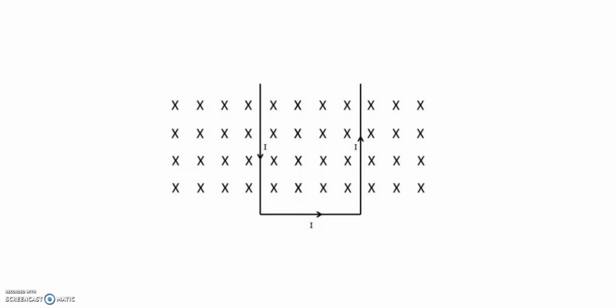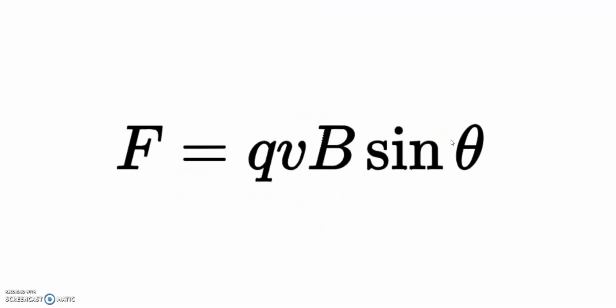Your thumb should be pointing right, because we're interested in this little bottom segment here, and then your fingertips should be pointing into the page. That would leave your palm facing up. So that tells us that the direction of the force is parallel to the page and going upward.